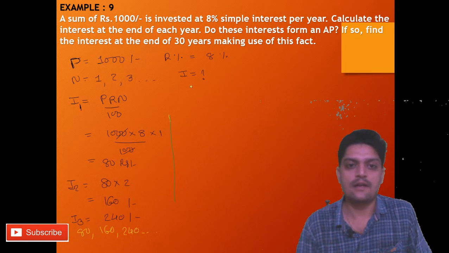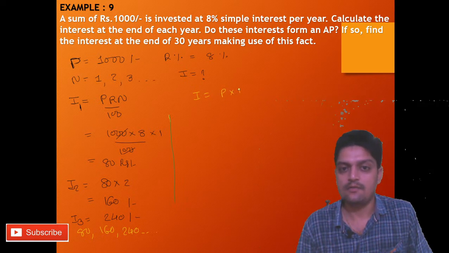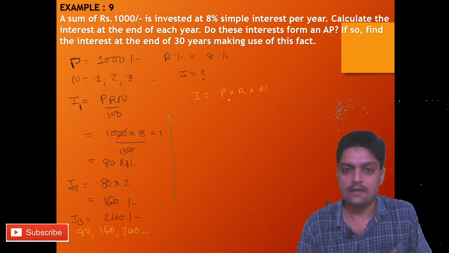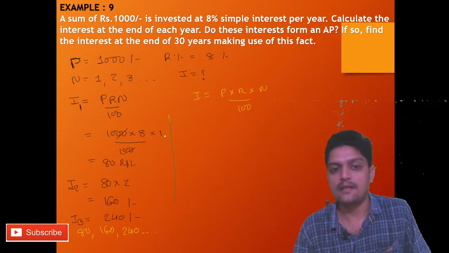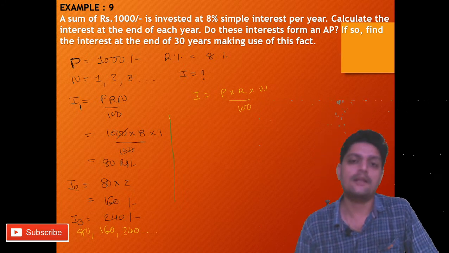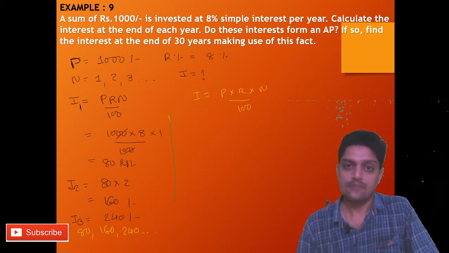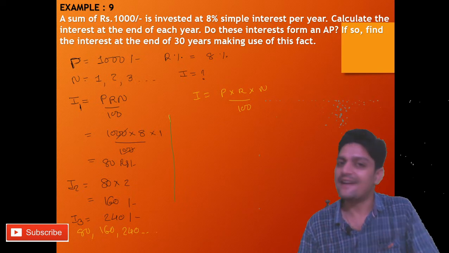So now I will write I is equal to again P into R into N upon 100. Otherwise you can directly multiply this 80 with 30, but we also have to calculate, because a little bit of formality is also important to get the marks.